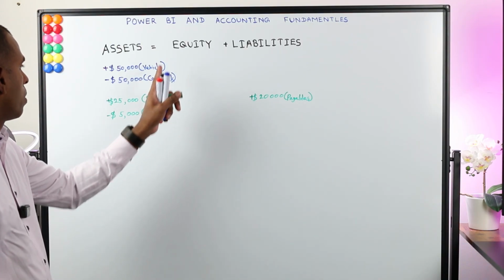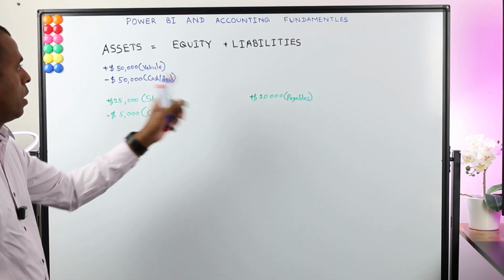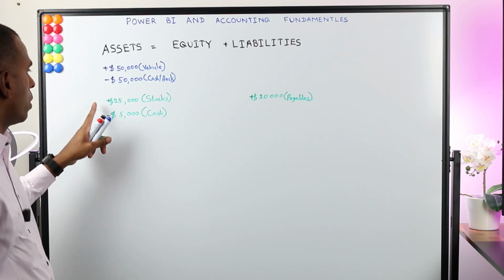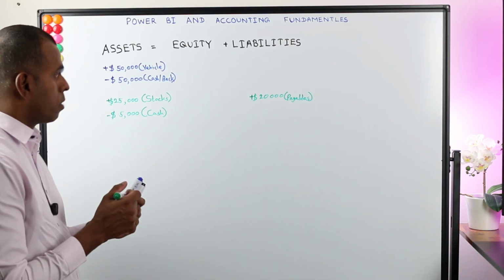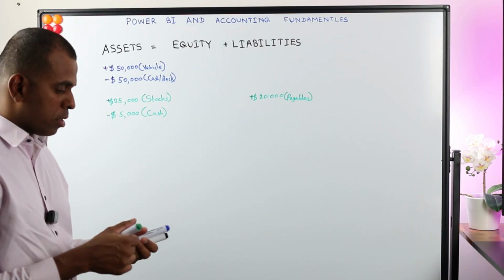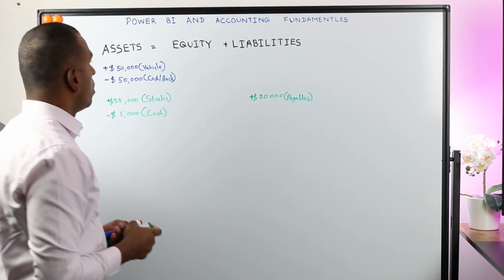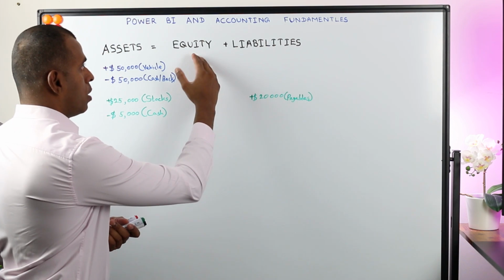You can see now both sides are equal, 20,000, 20,000. Alright.